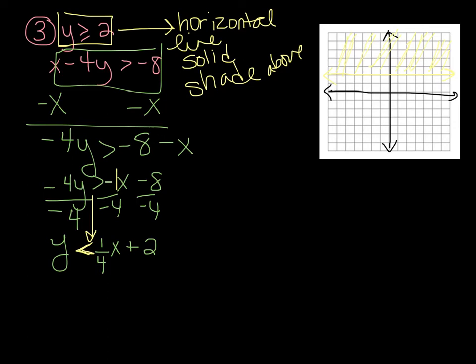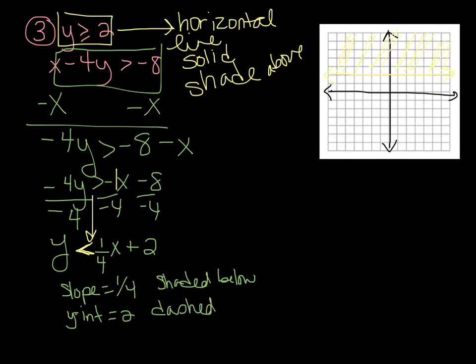So I know a few things. I know that my slope is 1 over 4, and that my y-intercept is 2. I also know that my line is going to be shaded below. And also, I know that it is going to be a dashed line. So let's get this one going.